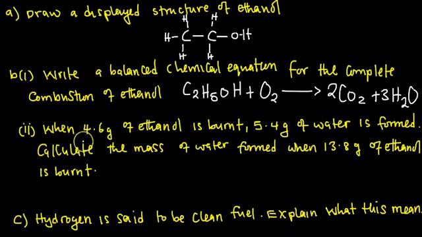Now B2. When 4.6 gram of ethanol is burnt, 5.4 gram of water is formed. Calculate the mass of water formed when 13.8 gram of ethanol is burnt. So here you just form a ratio of ethanol to water.